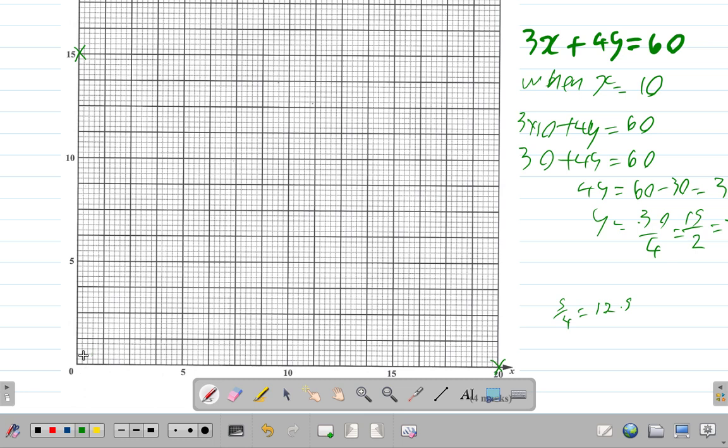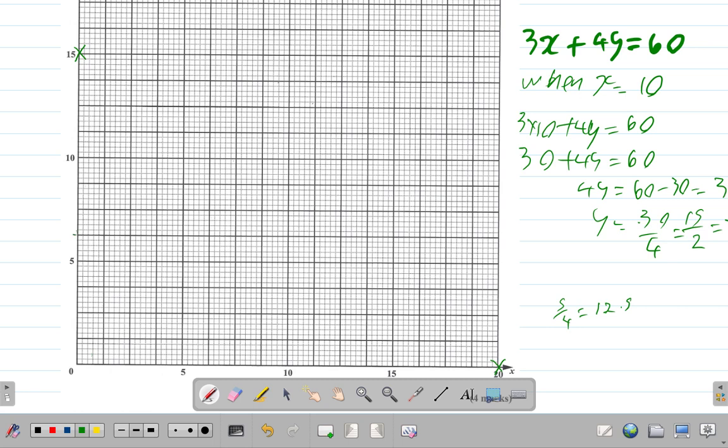So 0, 1.25, 2.5, then 2.5 plus 1.25 is 3.75, then 4 squares.